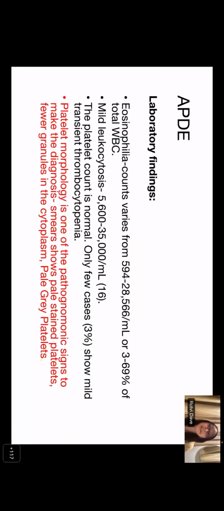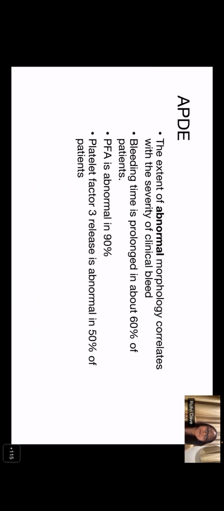As far as lab findings are concerned, there will be eosinophilia, there may be mild leukocytosis, the platelet count is normal, a few of the patients may have mild thrombocytopenia, but the most pathognomonic finding is platelet morphology. Platelet morphology shows pale stained platelets with very few granules and platelet anisogranularity.